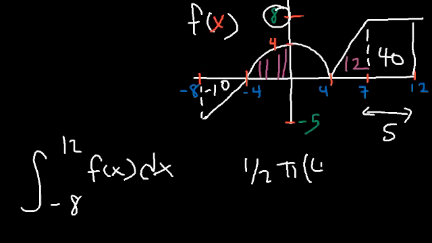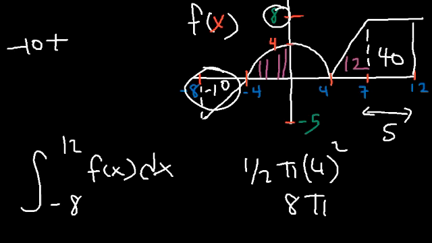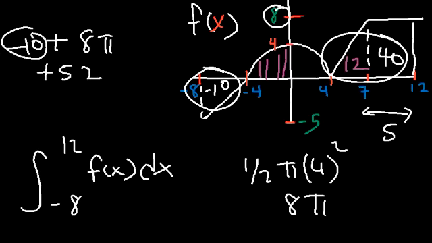R is 4, so r squared is 16, and half of that is 8 pi. For this whole region from negative 4 to 4, that's 8 pi. This answer was 4 pi, so this must be 4 pi as well, which adds up to 8 pi. Then 12 plus 40 is 52, and 52 minus 10 is 42. So the entire answer is 42 plus 8 pi.